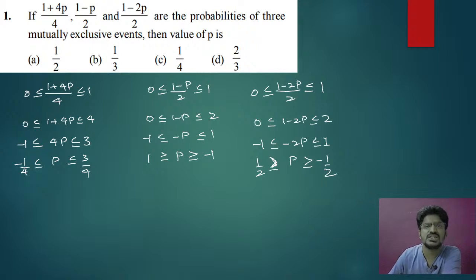Now you just see the sum of all the events' probability also must be greater than or equal to 0 and lesser than or equal to 1. The sum of all these probabilities, you can take (1 + 4p)/4 + (1 − p)/2 + (1 − 2p)/2, greater than or equal to 0, lesser than or equal to 1.